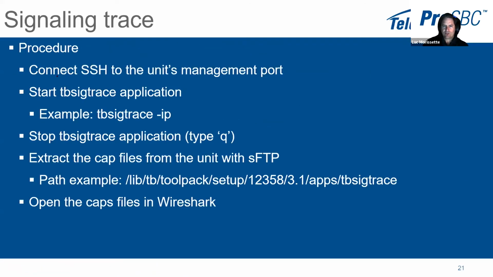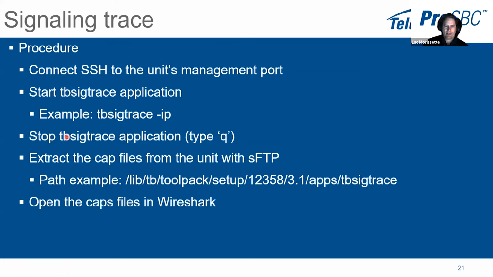So the first procedure is just to connect SSH to the unit. So you connect to the console of the unit. You start the TB-SIG-trace application, either TB-SIG-trace or TB-SIG-trace-IP.